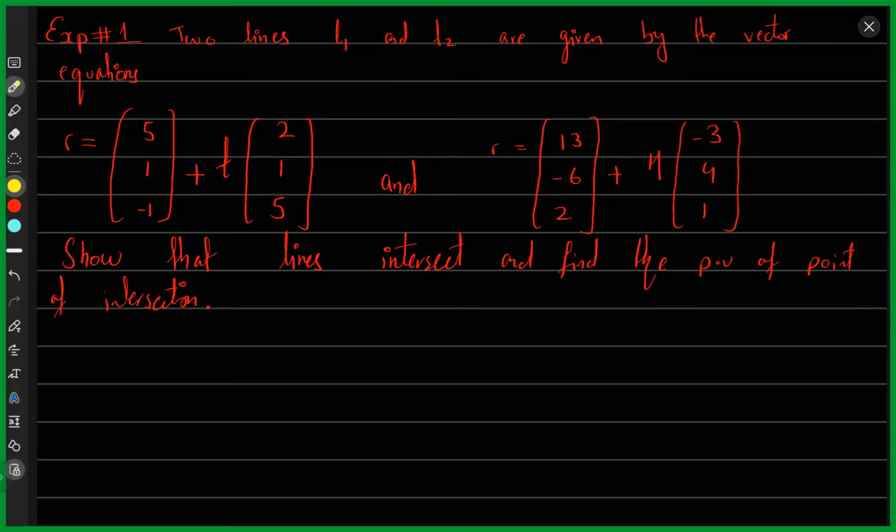This question has two parts. For the first part, you need to prove that the lines are intersecting. And for the second part, you need to find the position vector of the point of intersection, or in short, the point of intersection. Okay. Now, how do we do this?